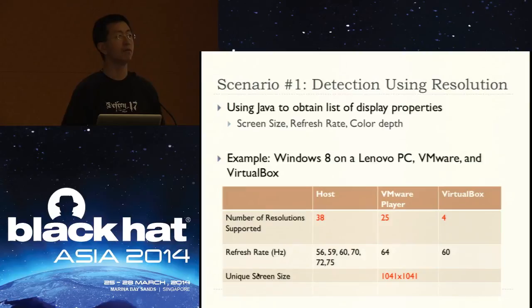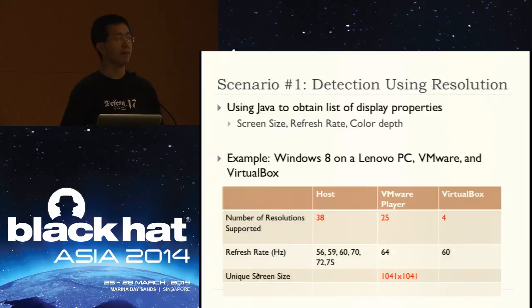But if you look at VMware or VirtualBox, for example, we just take these type 2 hypervisors and look at their number of displays supported. VMware supports still a reasonably large number, and VirtualBox actually only supports 4 resolutions. Now, certainly all these numbers depend on the version of the software we're running. For a different version of VirtualBox, maybe you have a slightly different number.